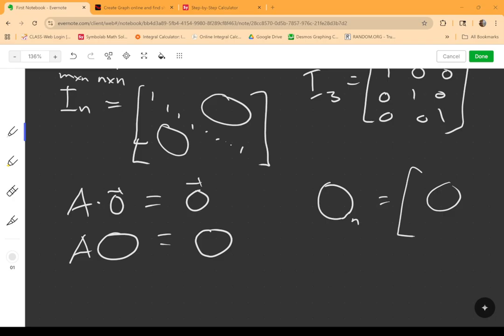All right. Now, another property that we have is the idea that we can distribute the matrix across addition, okay?